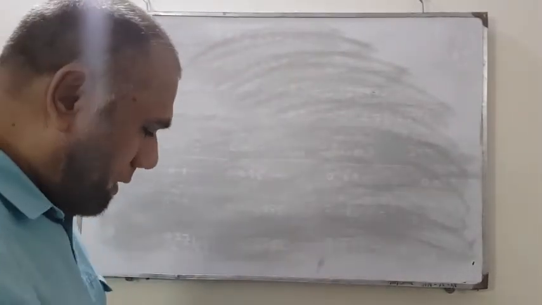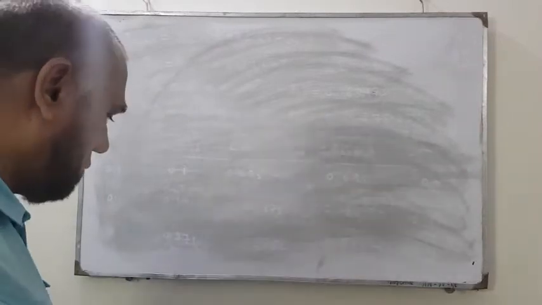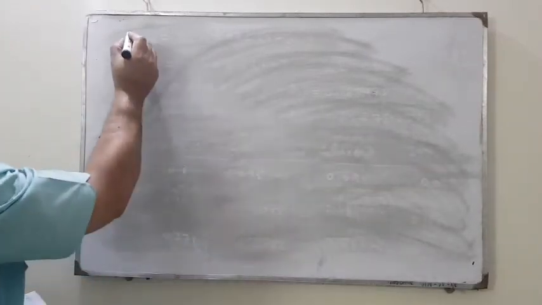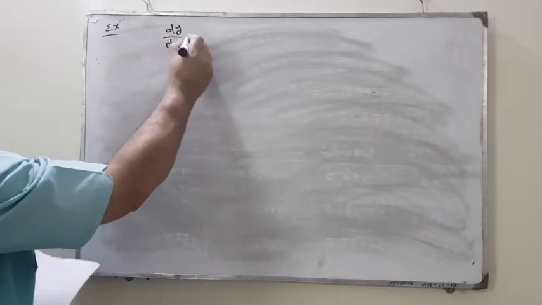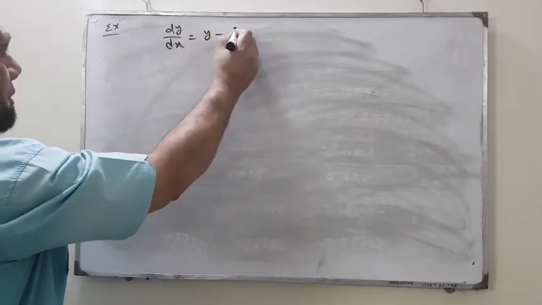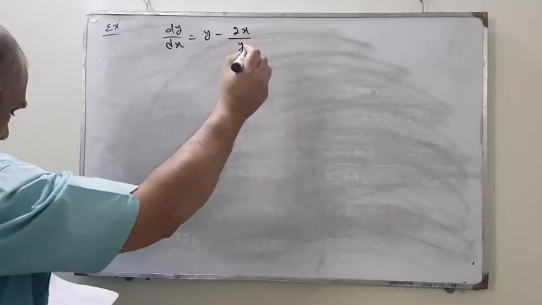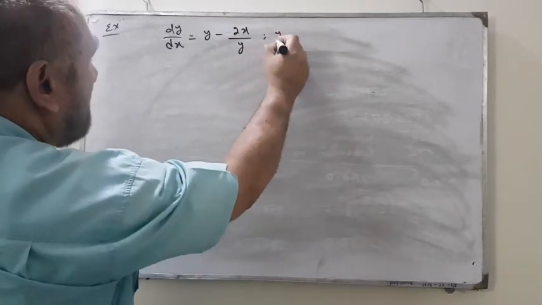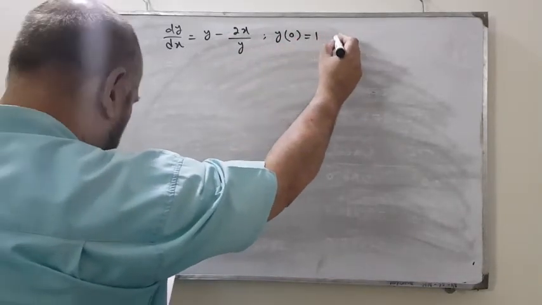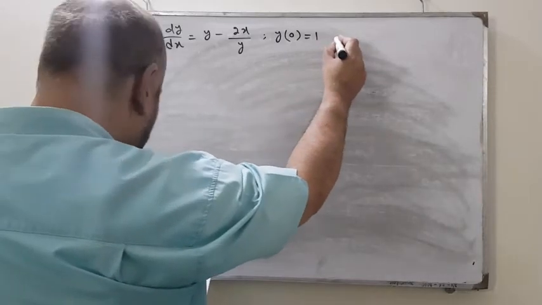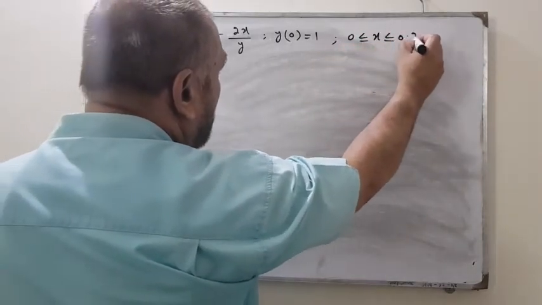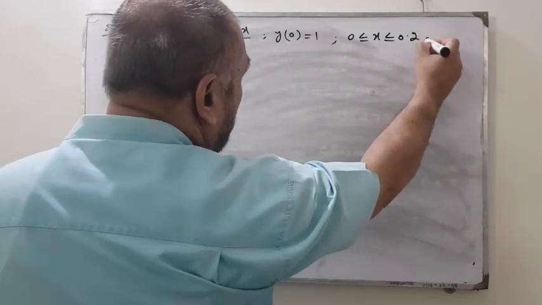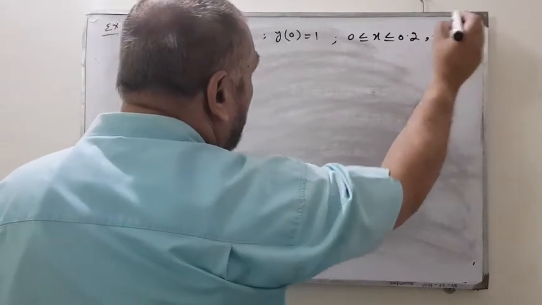The problem here is to solve the differential equation of the form dy over dx equals y minus 2x over y, along with the initial condition y0 equals 1, and within the domain of 0 to 0.2. This means the increment you have to make is 0.1.